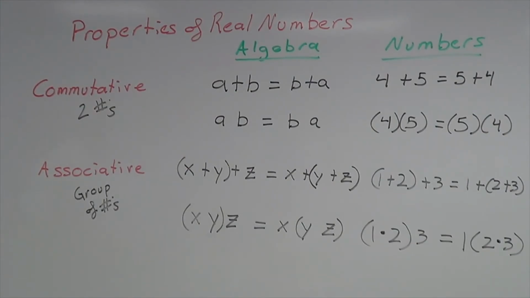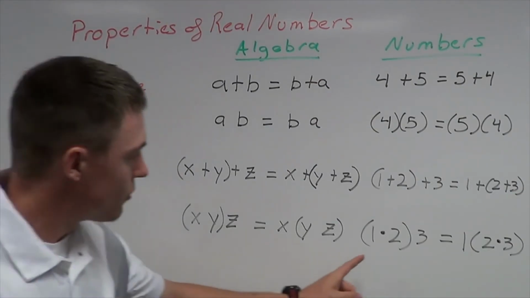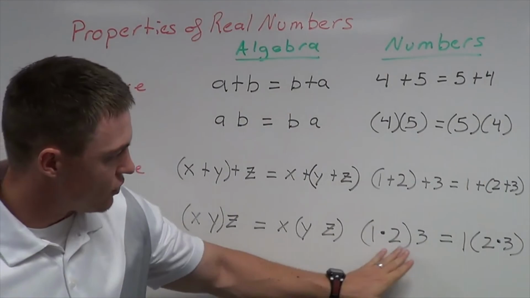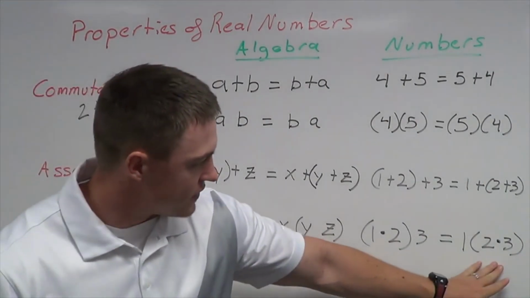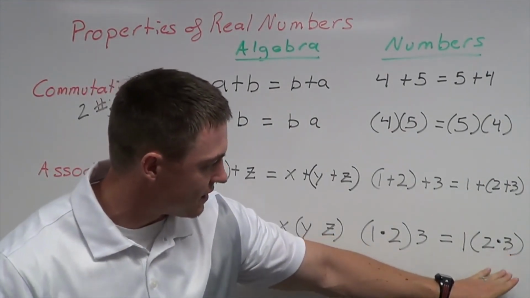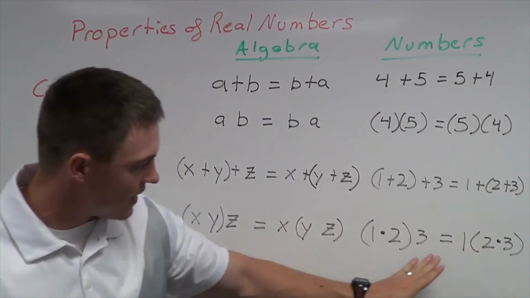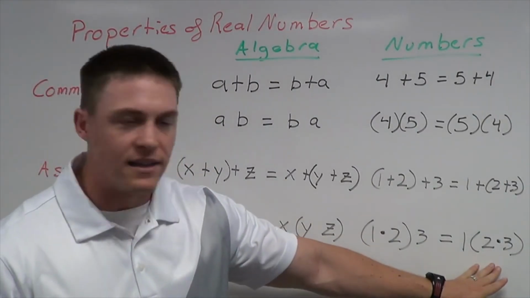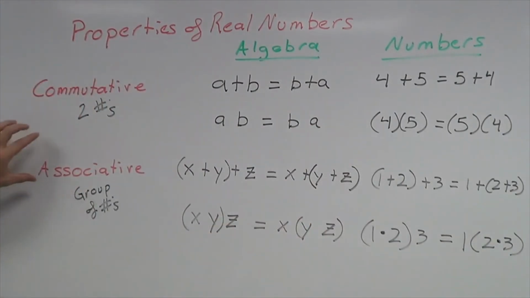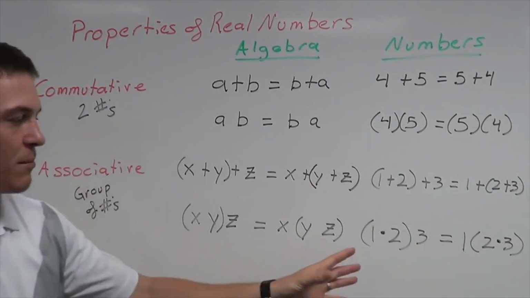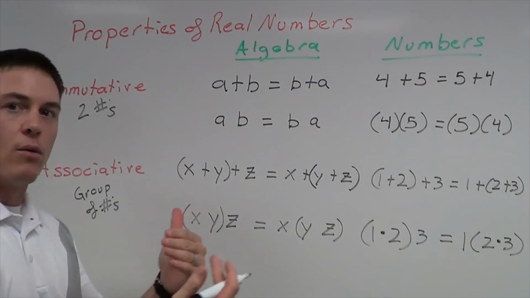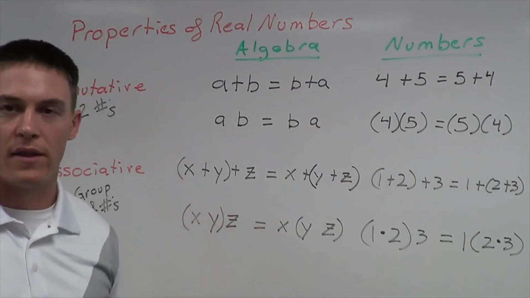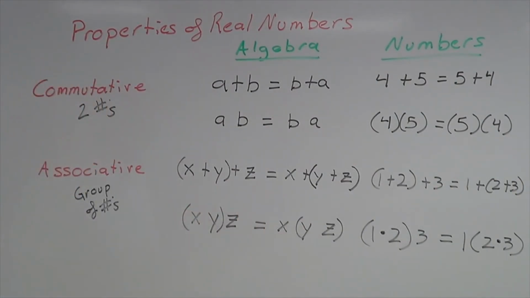Make sure that dot is raised up so you don't mistake it for a decimal. Anyway, back to the numbers. 1 times 2 is 2. 2 times 3 is 6. On this other side, 2 times 3 is 6. 6 times 1 is 6. The left side is 6 and the right side is 6. So we can see the associative property holds true. Doesn't matter what numbers I use, doesn't matter how I multiply them, doesn't matter what order. I'm always going to get 6 with the numbers 1, 2, and 3.